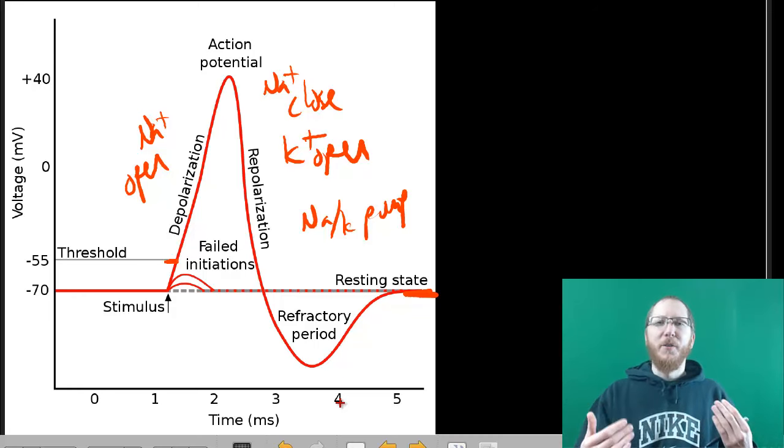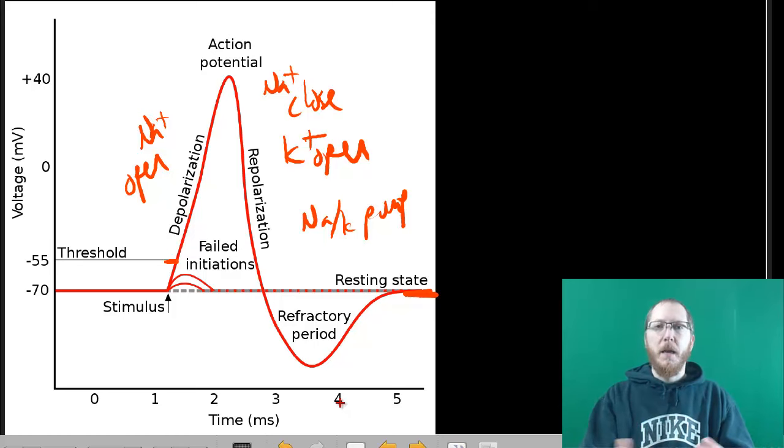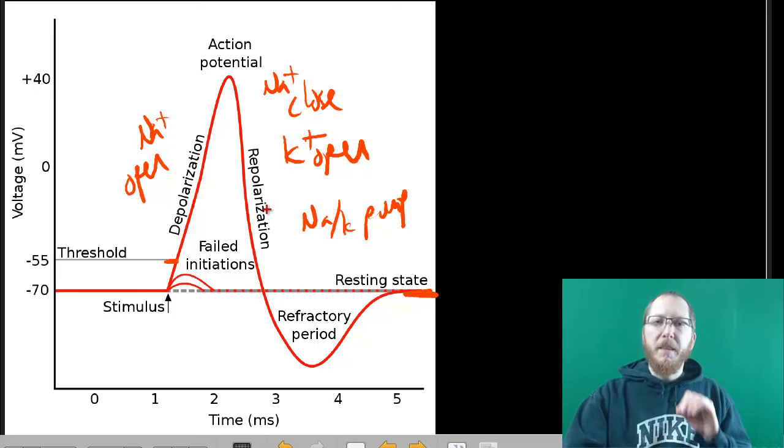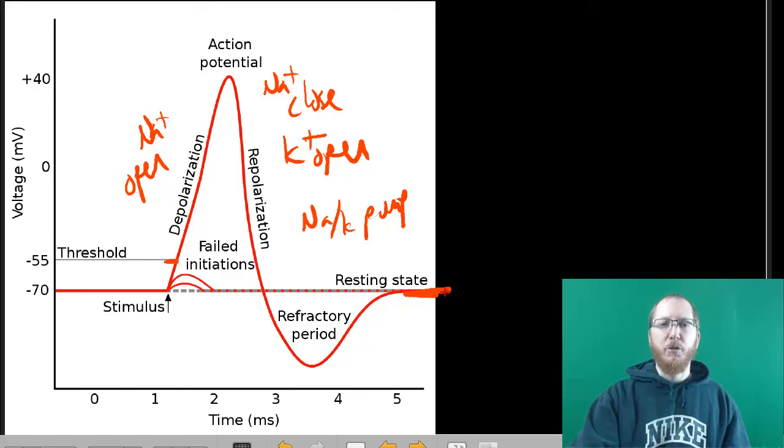The sodium channels only work effectively if there's more sodium outside than inside. The potassium channels work effectively if there's more potassium inside than outside. And so during this period, you'll also have the Na+ and K+ pumps pumping the K+ in and the Na+ out to get us back to our normal level, at which point you could have another action potential occur.